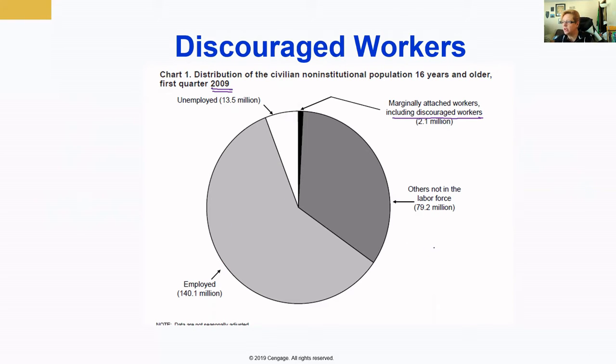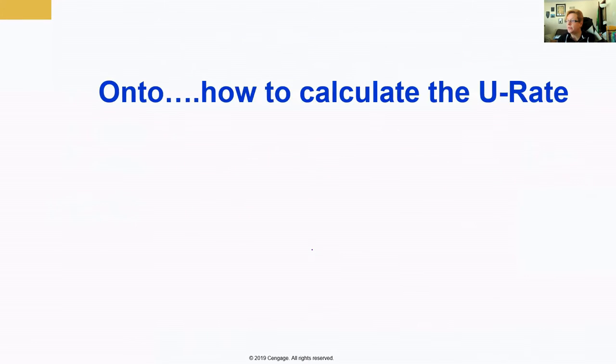But again, what we would look at is the labor force participation rate. And if 100% is the entire pie, you can see that roughly, I would say about 45% are not in the labor force. And so that's interesting for us to look at when we look at the particular unemployment rate.